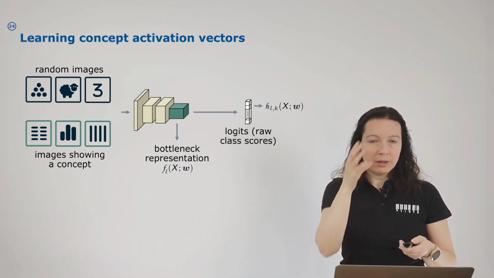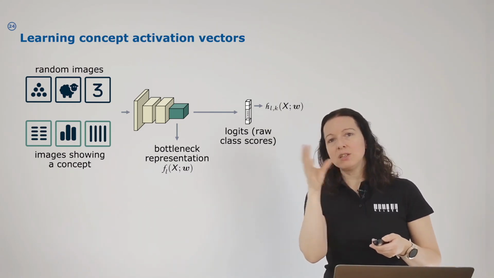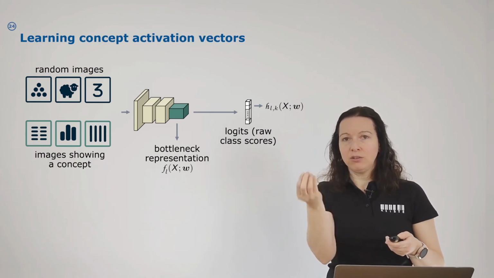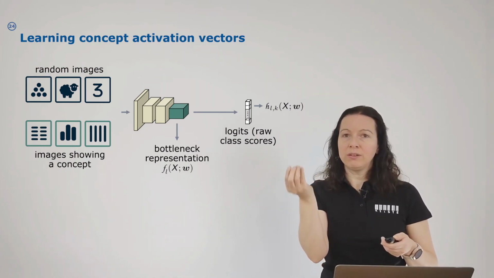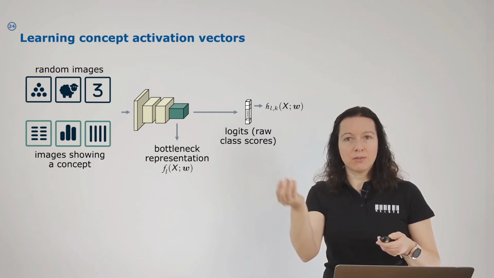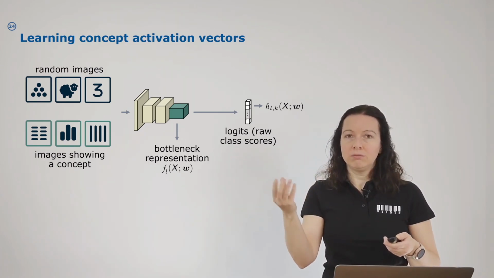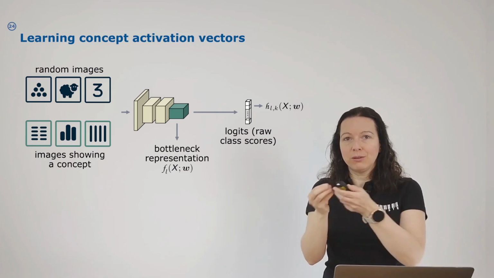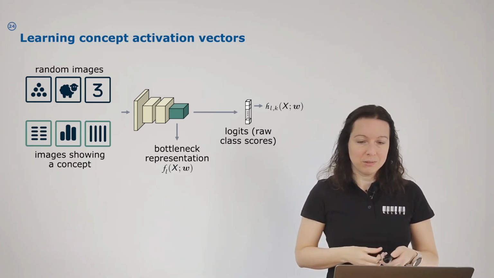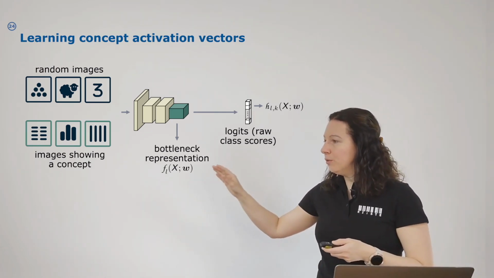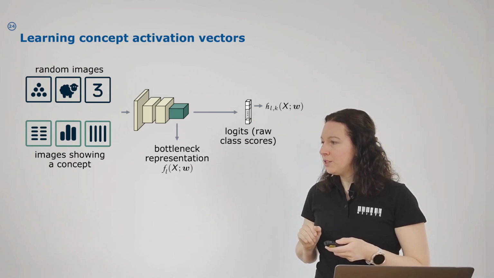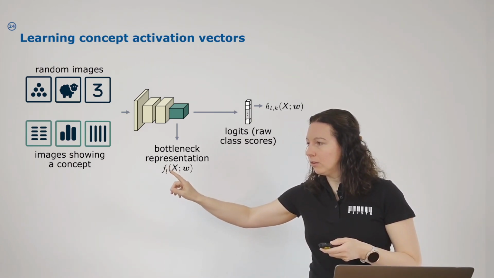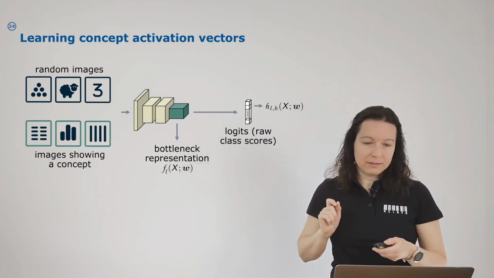You compress all the information you get from your data set into such a bottleneck layer. Here you have the most important parts, and in this case we assume also the most important representation of a specific concept. So we use this bottleneck representation here, called FL.